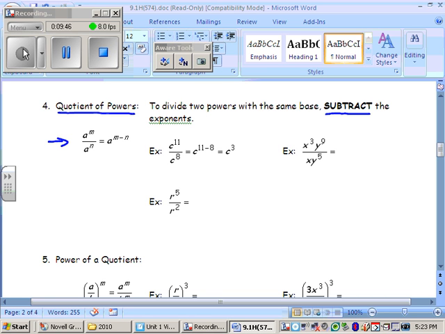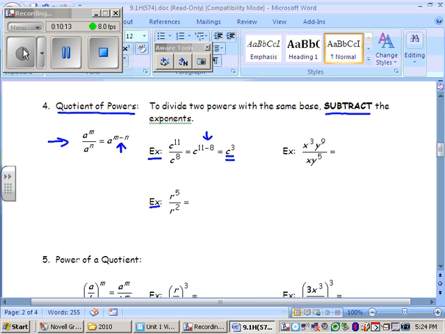So looking at our example here, again, the a's are the same base, and it's showing that the exponents will be subtracted to combine them together. So in this example, with the c's, we simply take our exponents 11 and 8 and subtract them to combine them together, giving us c cubed as our answer. So let's try the next example.